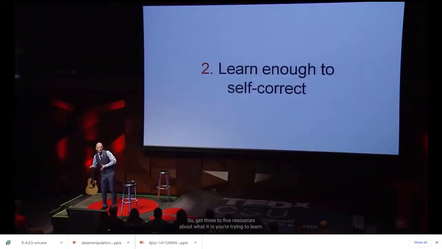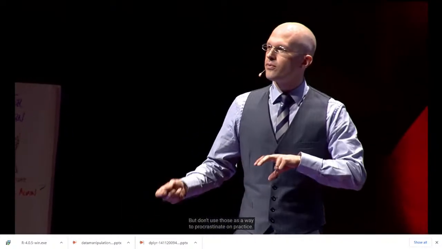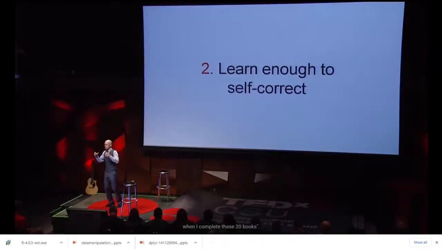The second is learn enough to self-correct. So get 3 to 5 resources about what it is you're trying to learn. Could be books, could be DVDs, could be courses, could be anything. But don't use those as a way to procrastinate on practice. I know I do this, right? Get like 20 books about the topic. It's like, I'm going to start learning how to program a computer when I complete these 20 books.